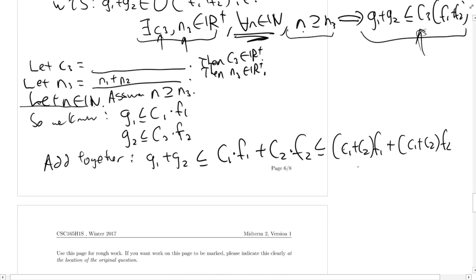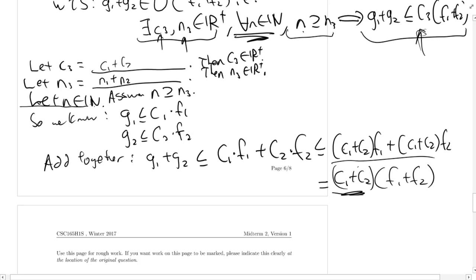Then we know that this part here equals C1 plus C2, F1 plus F2. There we go. So now this is what we said is C3, which is equal to C3, F1 plus F2. And that's it. That's the whole test, and I hope it was helpful.